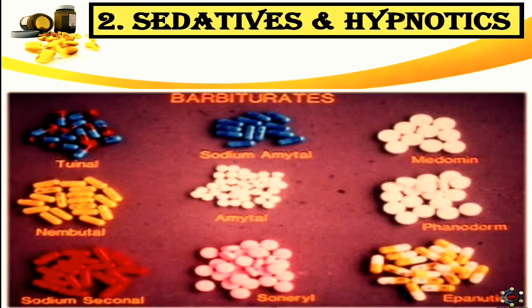Now the examples of the sedatives and hypnotics, in which the first one is barbiturates. What are barbiturates? Barbiturates are synthetic drugs derived from barbituric acid. They are general depressants and are popularly called sleeping pills. They lessen functional activity, decrease anxiety and induce sleep.